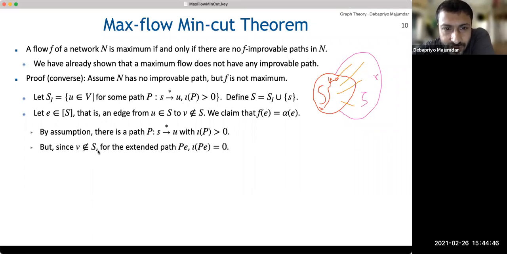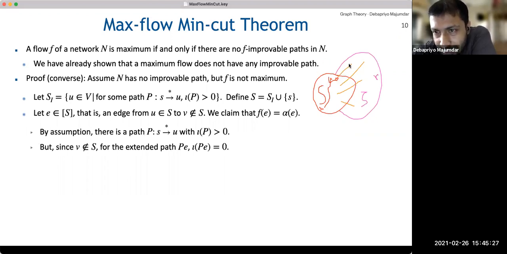But since V is not in S, by construction, what is S? By construction, S is all paths such that I can improve, all paths up to certain vertices such that I can improve. But V is not in S. So in the extended path up to U and then this much, the iota must not be positive, because in that case, this vertex would have been a part of this set.